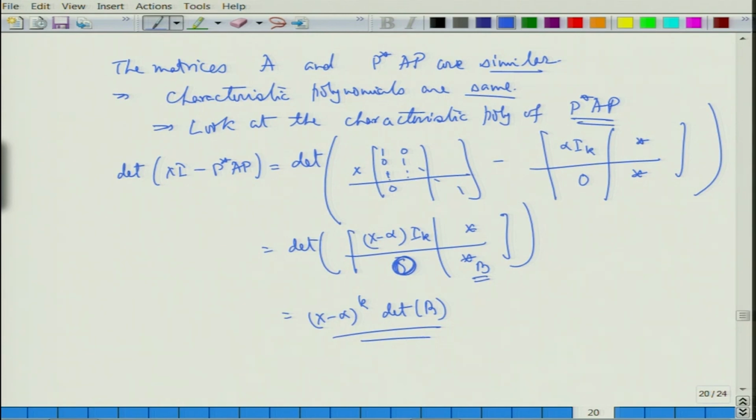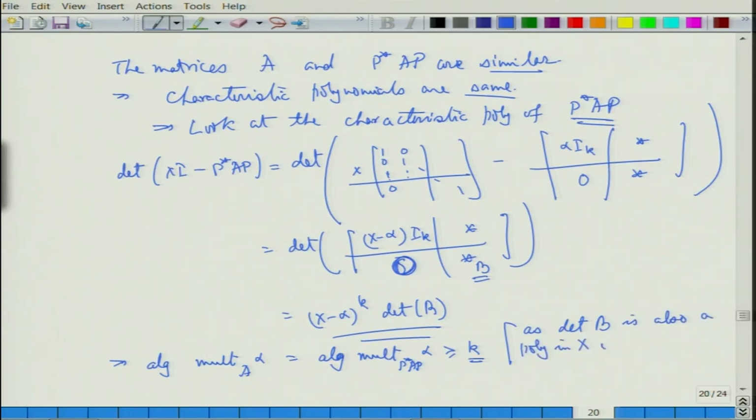So therefore, from here we see that the algebraic multiplicity of alpha for A, which is the same as the algebraic multiplicity of alpha for P star AP, is greater than or equal to k, because the determinant of B is also a polynomial in x of degree n minus k and may have alpha as a root.